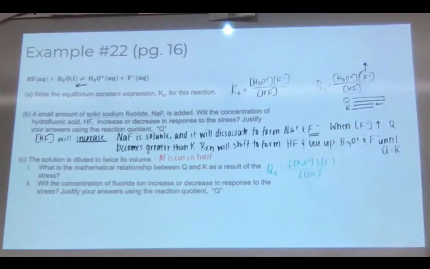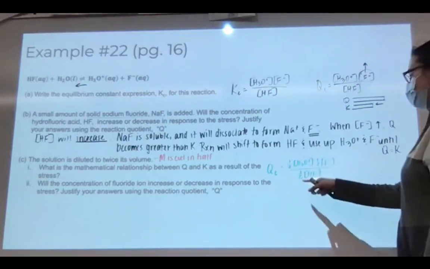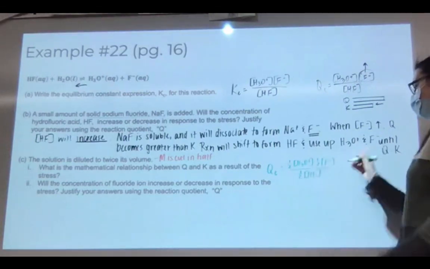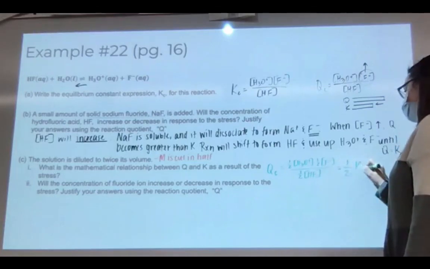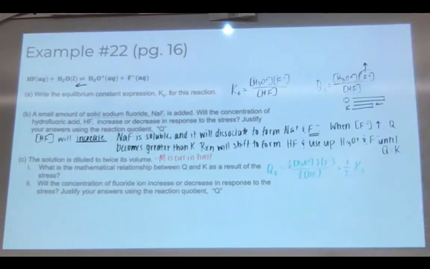All of those numbers get cut in half. When you dilute to twice the volume, each of those molarities are getting cut in half. Well, if we look at this, that's just 1/2 times Kc.